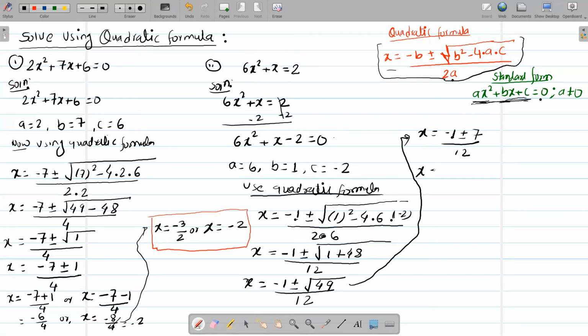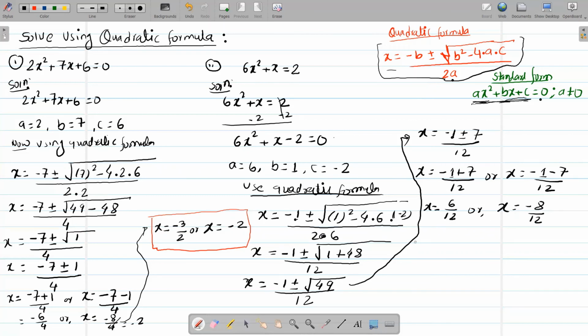So x is equal to -1 plus 7 over 12, or x is equal to -1 minus 7 over 12, right? Let's solve this. So x is equal to -1 plus 7 is 6 over 12, or x is equal to -1 minus 7 is -8 over 12.